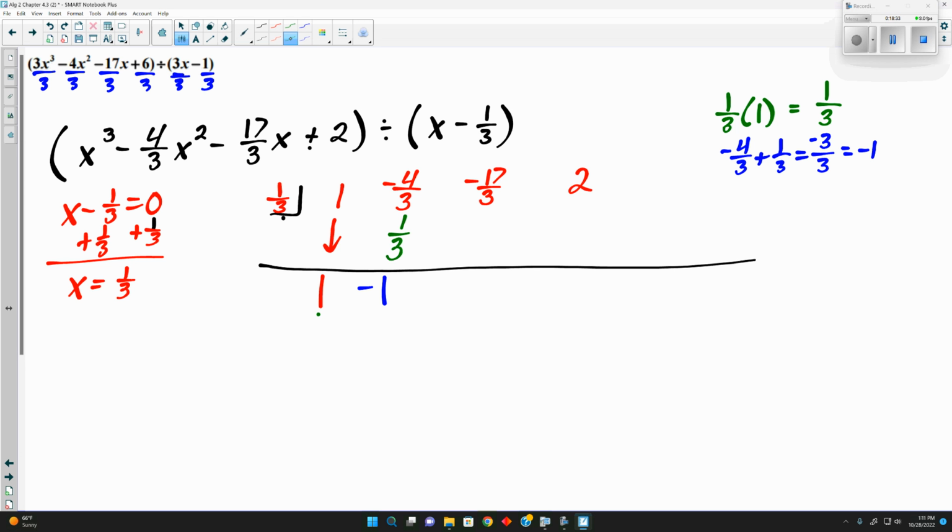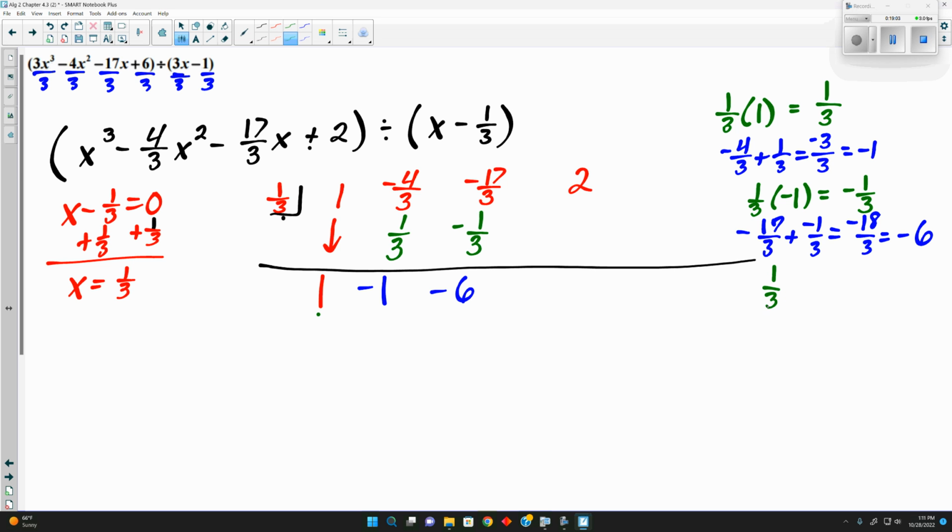Then we multiply by 1/3 again. We'd have 1/3 times negative 1, which is negative 1/3. Then we would add negative 17/3 plus negative 1/3. Yes, because it'd be negative 18/3, which does reduce to negative 6. And last but not least, 1/3 times negative 6 is negative 2, and 2 plus negative 2 is 0.